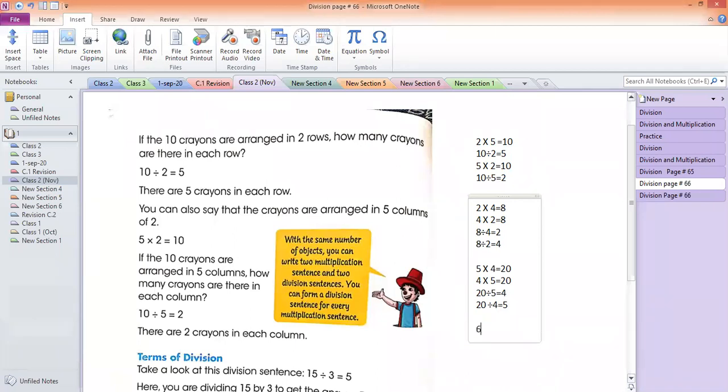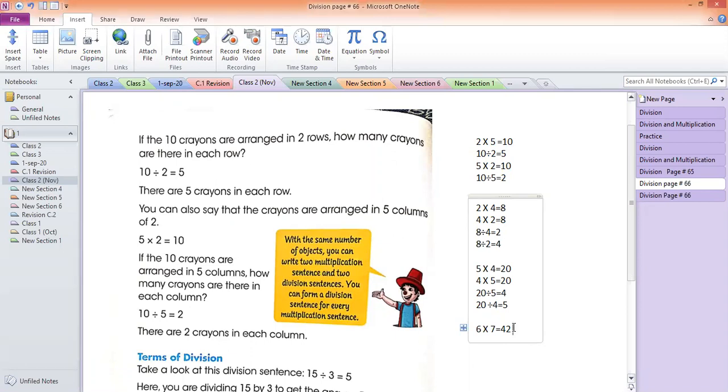If I write here 6 multiplied by 7 equals 42, can you tell me one more multiplication sentence for it? Abdul Aziz Muhammad, can you tell one more multiplication sentence of it? 42 divided by 7?